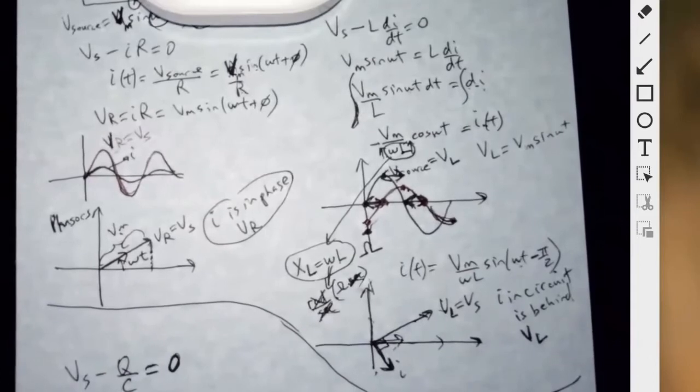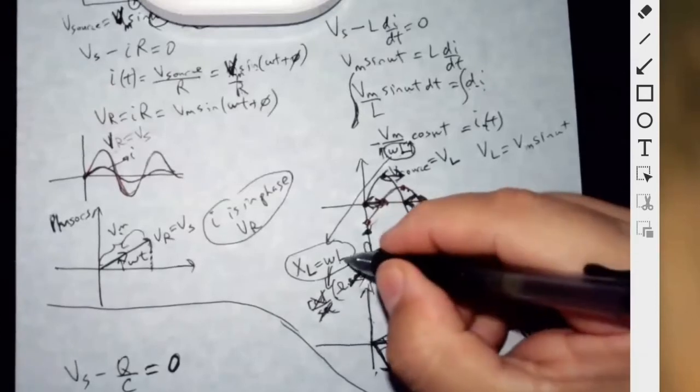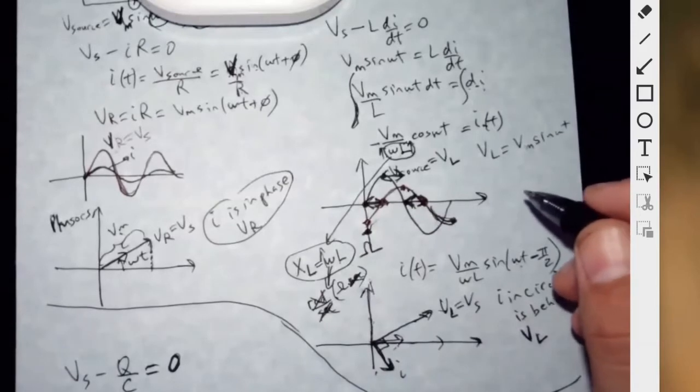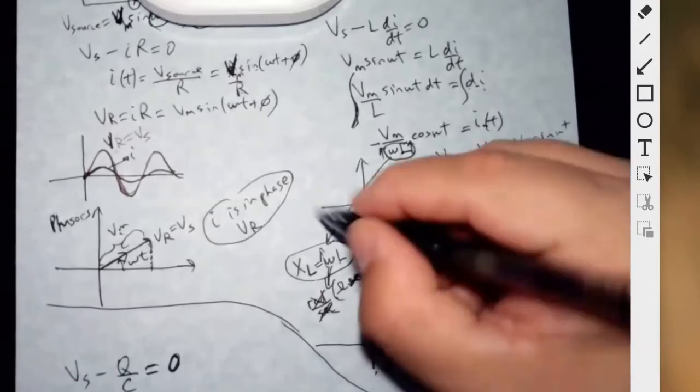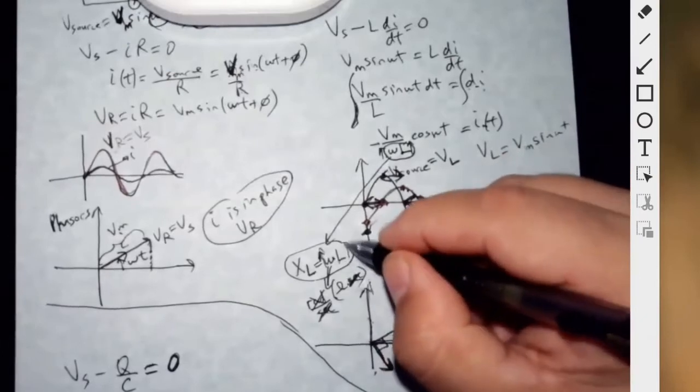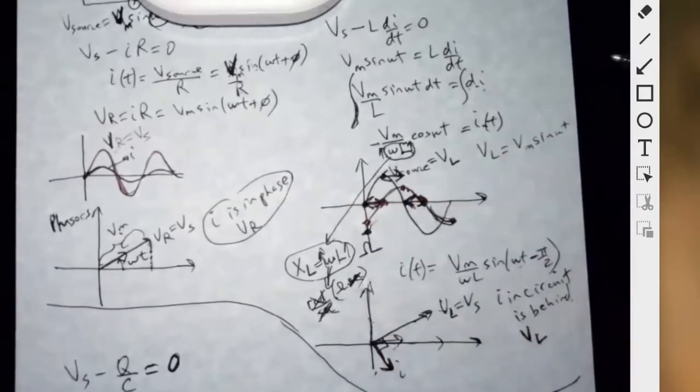You see. So why is that? Why is inductive reactance omega L? In other words, why is it true that the faster I try to change the frequency, and the bigger the L, the smaller the current is?